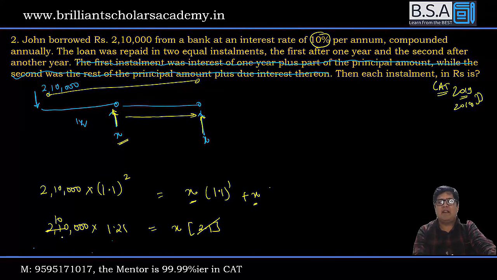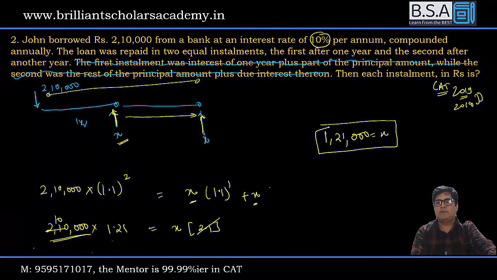That is basically 1 lakh. 1 lakh into 1.21 is 1,21,000 is the installment. Now you think and tell me, does the question anywhere say anything about CI or SI?